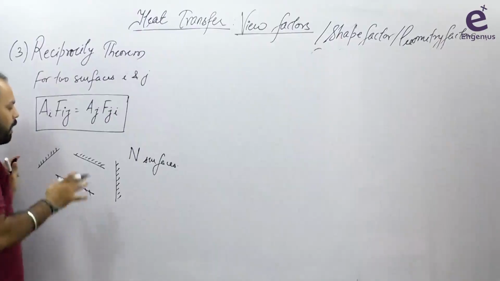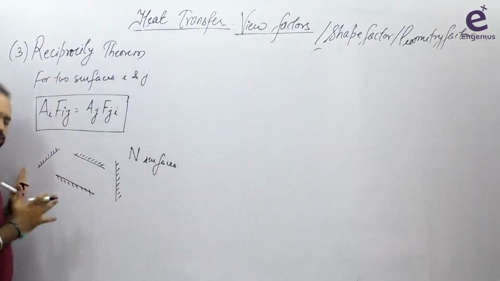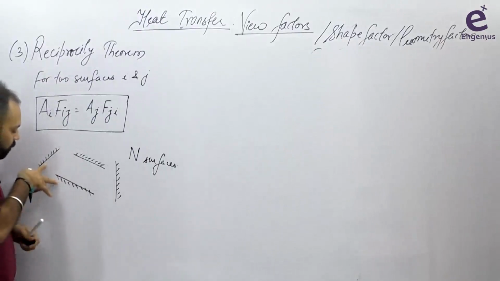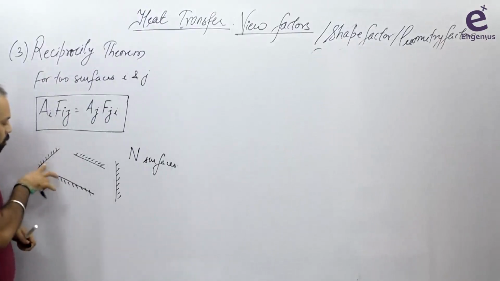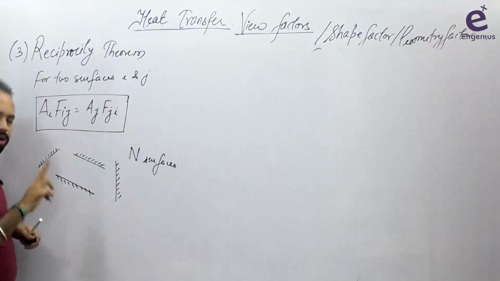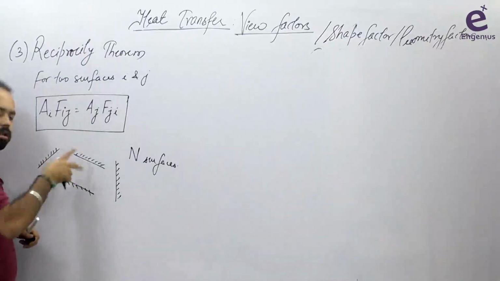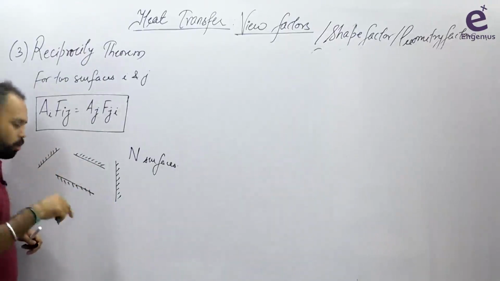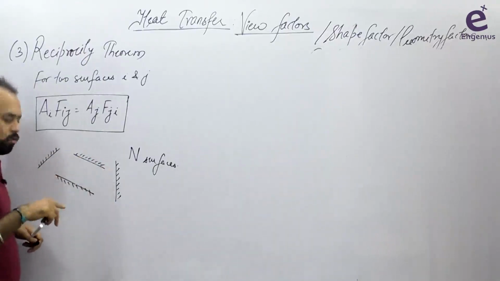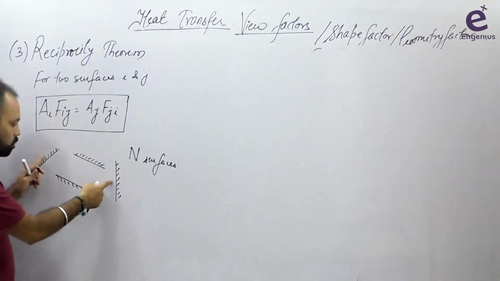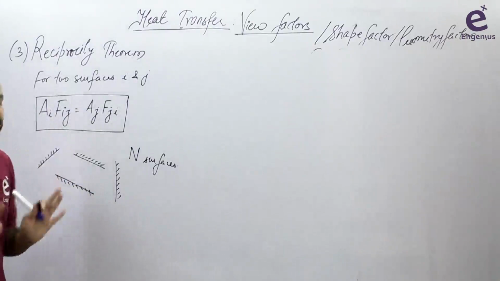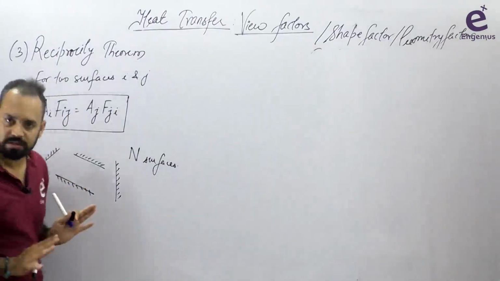In this case, you can take any two surfaces and write a reciprocity relation. For these two surfaces, one relation; for these two, another, so two relations; for these two, three; for these two, four; for these two, five; and for these two, six. A total of 6 reciprocity relations can be written for these 4 surfaces.